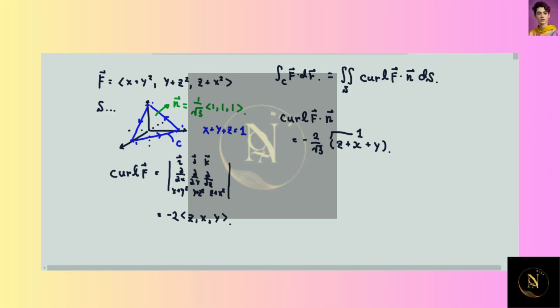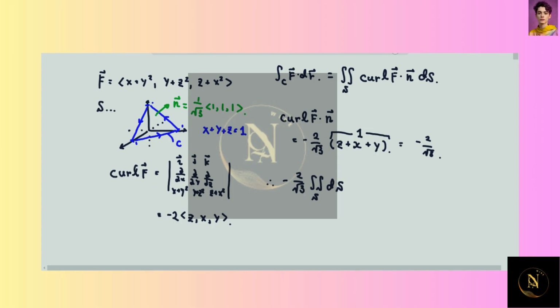So this simply goes away. So you will have negative 2 over square root of 3, which we can pull outside the double integral. Okay, so what we're going to evaluate is essentially negative 2 over root 3 times the double integral over S of dS.